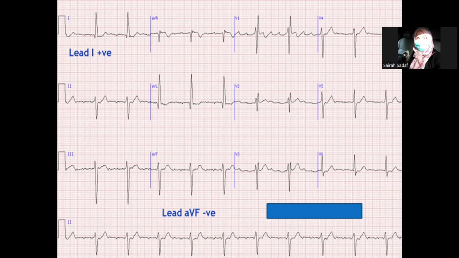Yes, you're right. Good. Left axis deviation. Now you have to confirm whether it's pathological or not, so you look into lead 2, which again is negative. So it's a pathological left axis deviation. Well done, Adnan. And my dear teacher, Professor Akdal Durrani, is also saying it's pathological. Yes, sir, it's pathological.